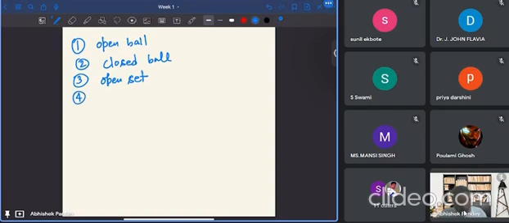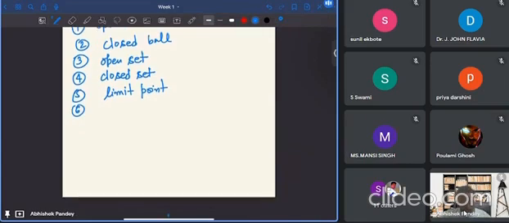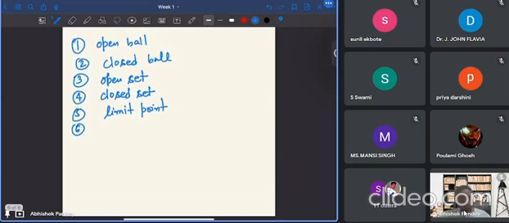Next, the closed set: a set is closed if C minus that set is open. Fifth is the limit point, and via limit points we can again define a closed set: a set is closed if and only if it contains all of its limit points.